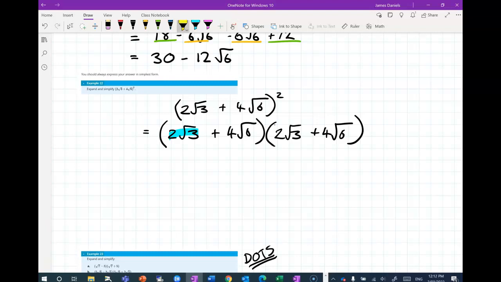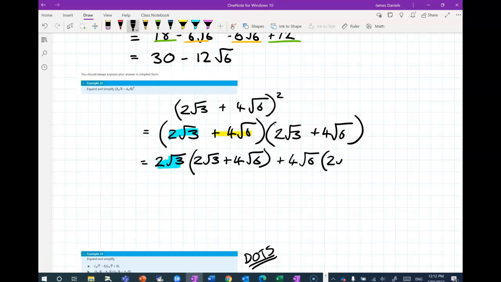I'm going to break up the first one and multiply them both by the second brackets. 2 square root 3 bracket 2 square root 3 plus 4 square root 6. There's the first 2 root 3 that was broken up. The second one here, 4 square root 6.